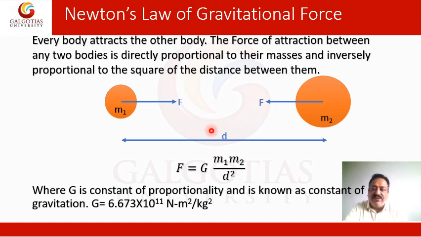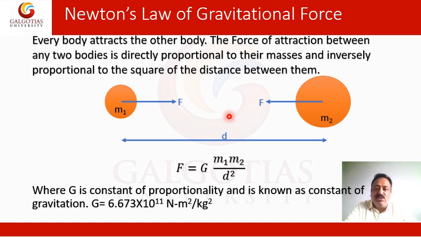I want to clarify here that if we are talking of the small bodies which we encounter in our day-to-day life, the force of attraction is very small because their masses are very small. But if you talk about celestial bodies like Earth and Sun, their mass is huge, though the distance is also very large.